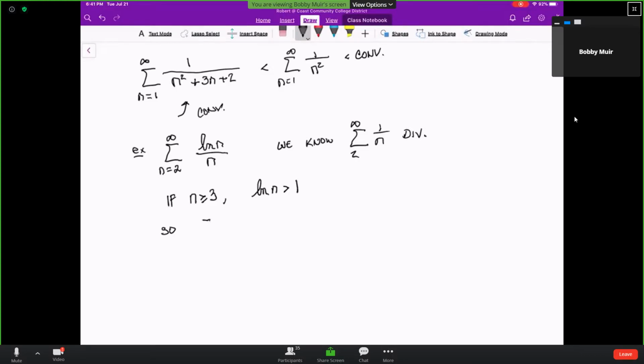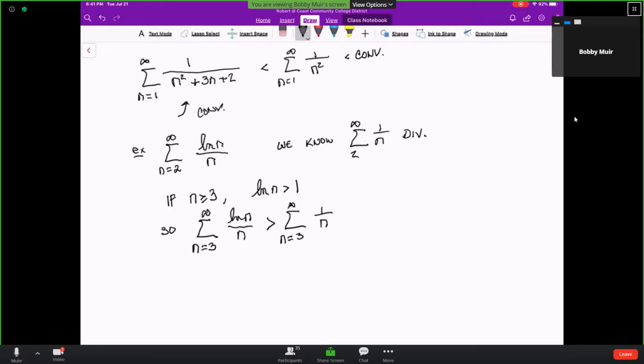So if I look at the sum starting at 3 and going to infinity of the natural log of n over n, this would be larger than the sum from n equals 3 to infinity of 1 over n.